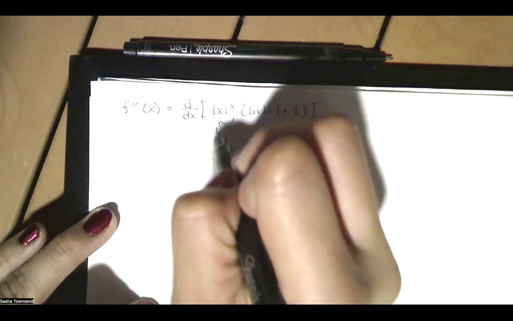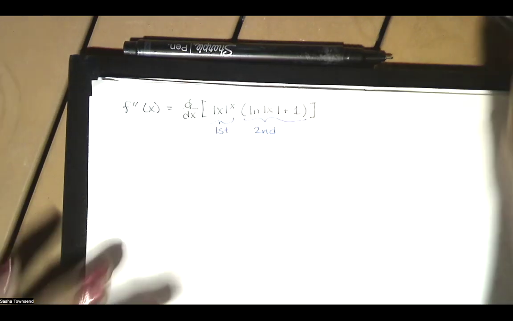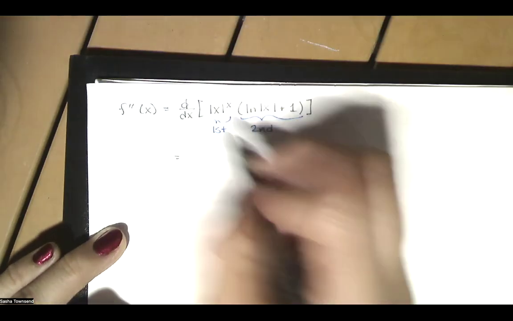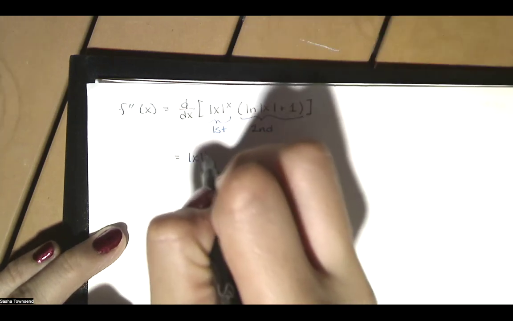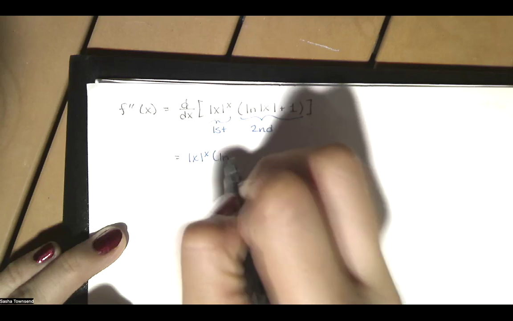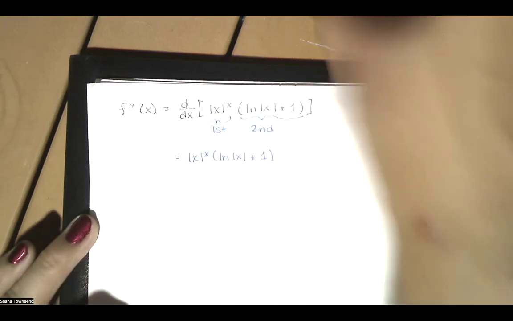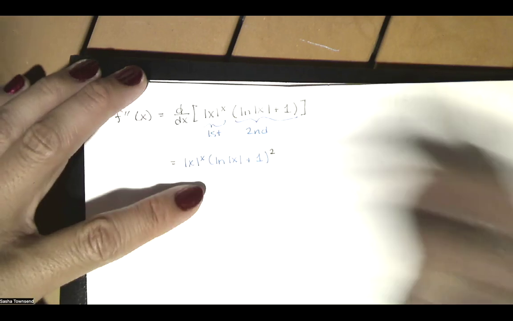This is our first function, and this is our second function. So we have the derivative of the first, which is actually this. Let's write it down. Because the first function is actually our original function y, times the second function. So I'm multiplying by an extra factor of natural log of the absolute value of x plus 1. So I'll just square that.